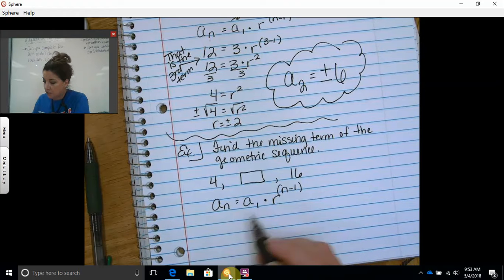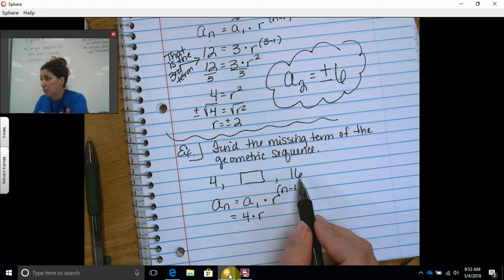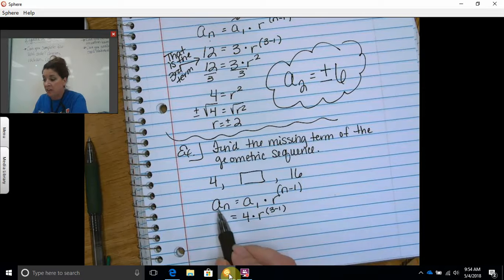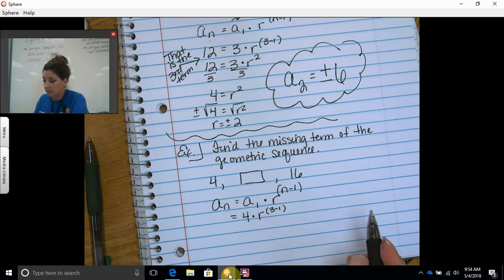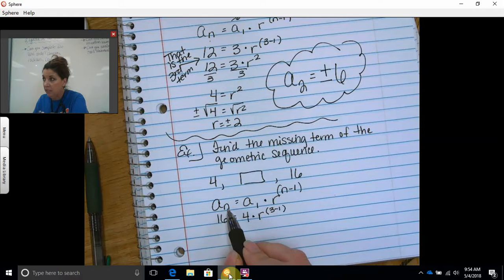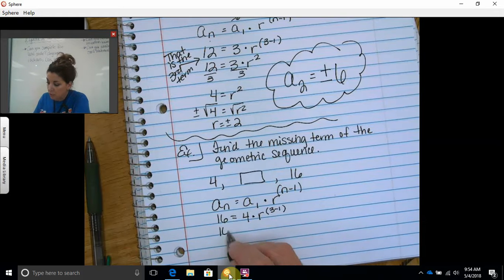I know my first term is 4. I don't know my common ratio. 16 is my third term, so for n, I would just use 3. A sub n, if I'm using a 3 here, this is referring to my third term. So what will I put for a sub n? 16, right? Because a sub 3 would be my third term. Does that make sense? Okay. So that's 16 equals 4 times r squared.